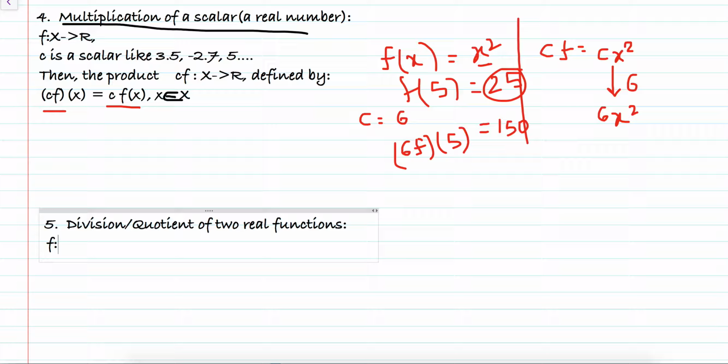So again, f is defined from X to R, g is also defined from X to R. Let f(x) and g(x) be two real functions.